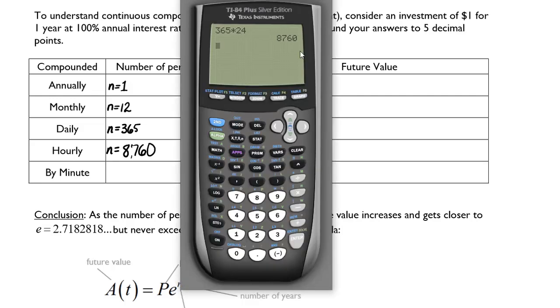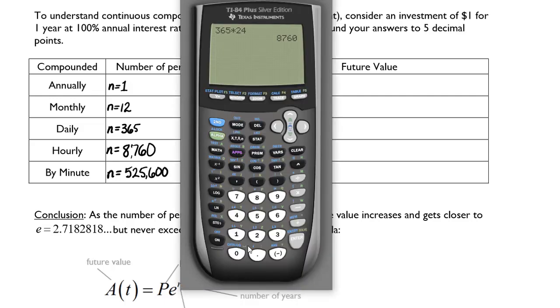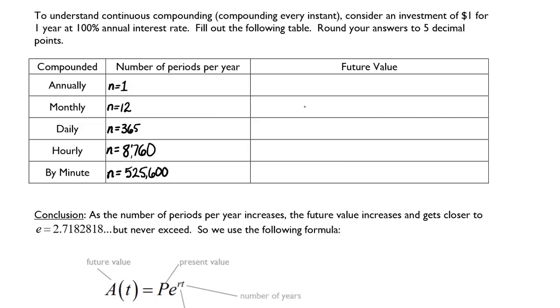And lastly, if you remember the song, minutely, if you have compounds every minute, you'd have 525,600, because you could take what you were given and then multiply it times 60. This would be how many minutes you have. So if we wanted to figure out what the future value would be for each one of these investments based on the number of compounds, notice that as we go through this table, our compounds are going to increase.